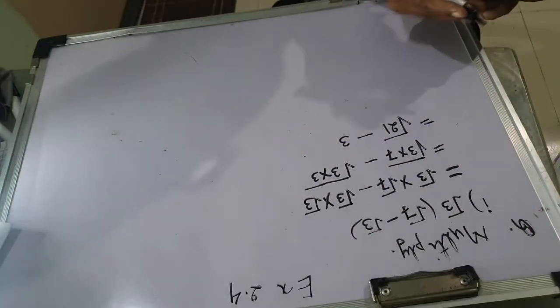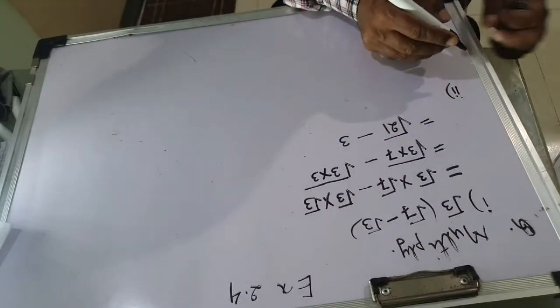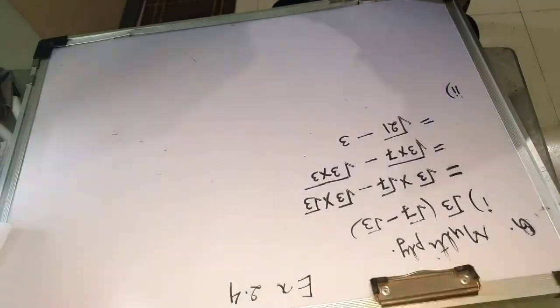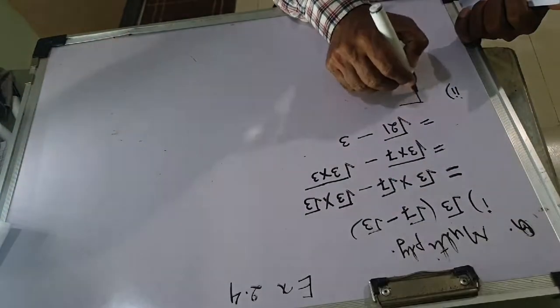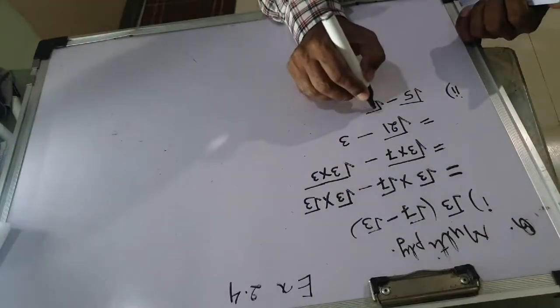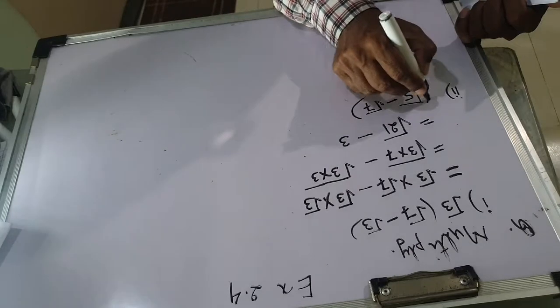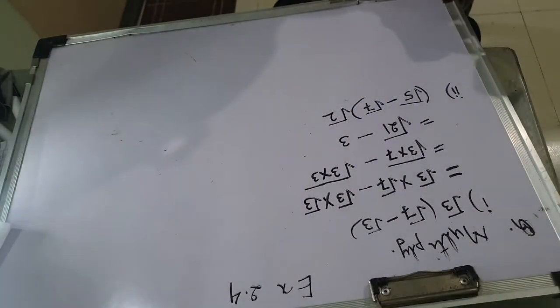Now the next sum of the same question, the second one. Root 5 minus root 7 into root of 2. So this is also the same.